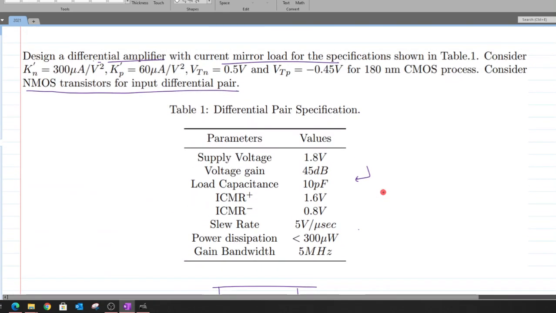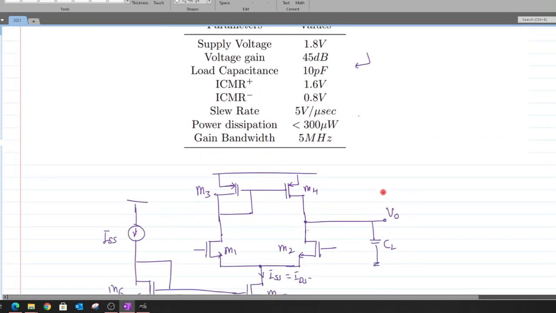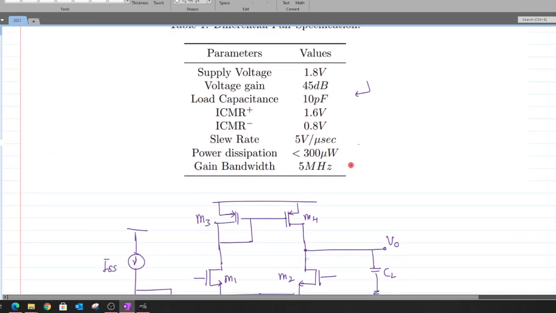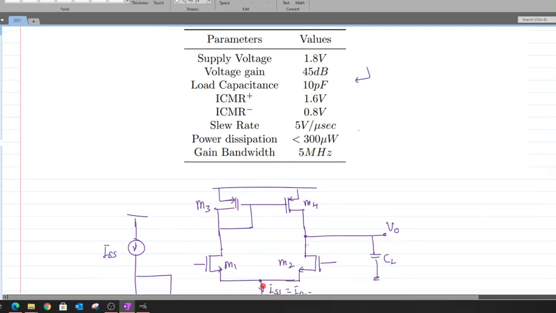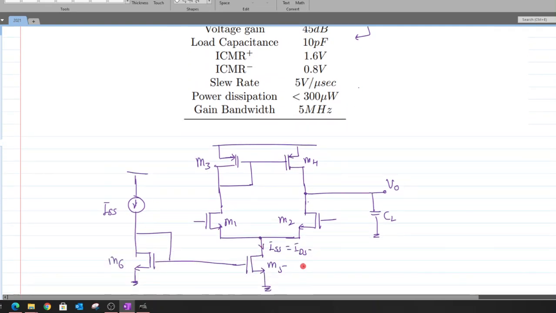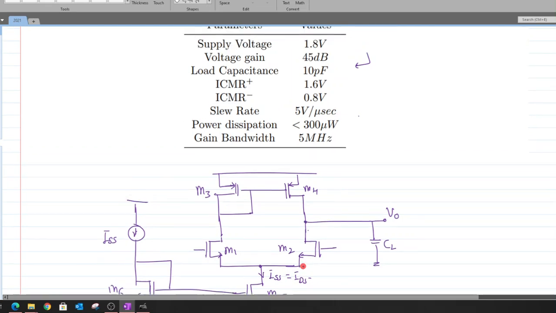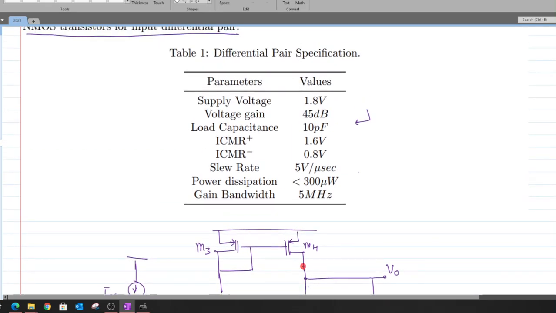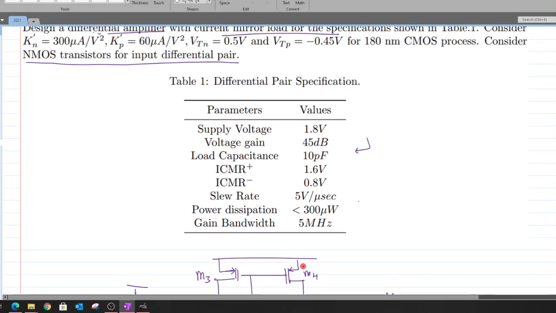Now let us see how each of these different specifications would define the aspect ratios of the transistors used in this schematic. Let us begin with the following steps, so that you will understand from which specification we can directly derive the aspect ratios of the transistors.